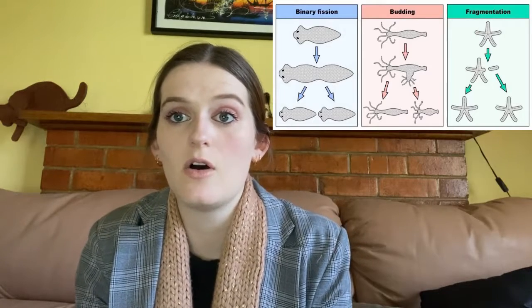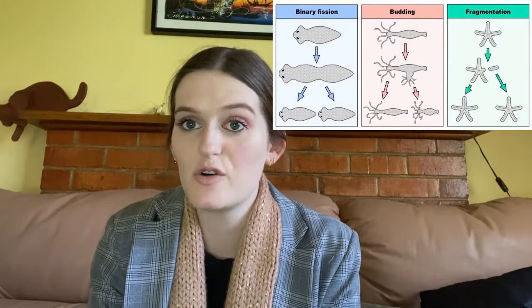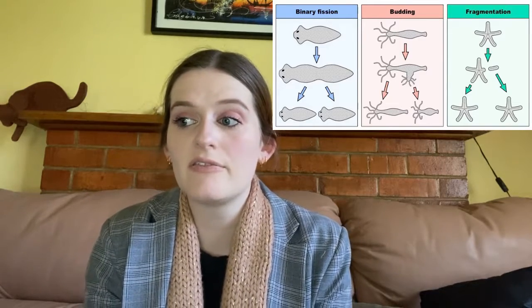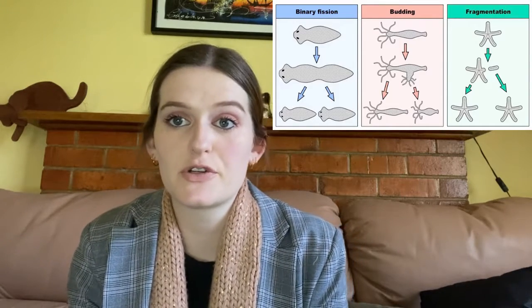Now, yeast, on the other hand, is able to reproduce asexually through a technique called budding. Budding is when a small growth appears on the organism, and that small growth then breaks off and forms two individuals.